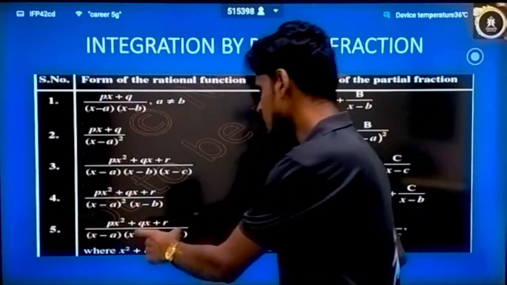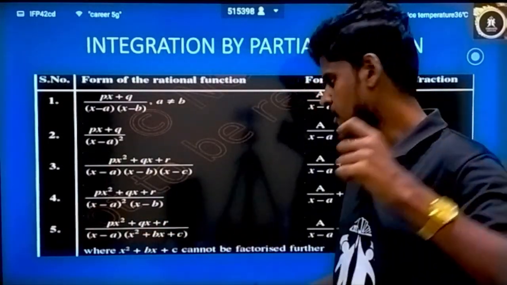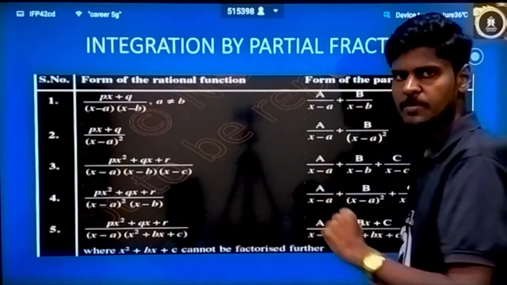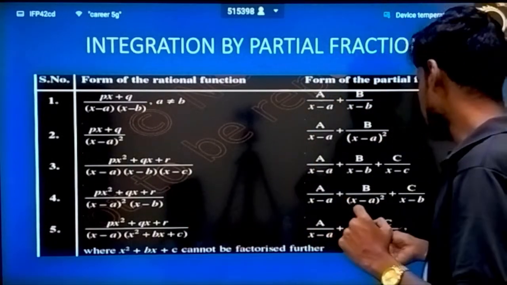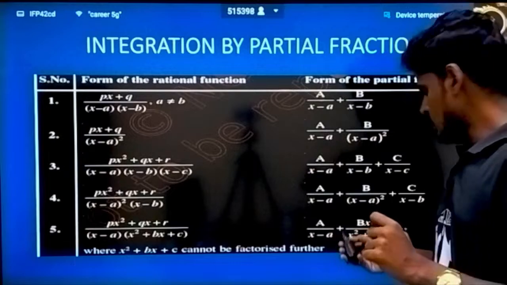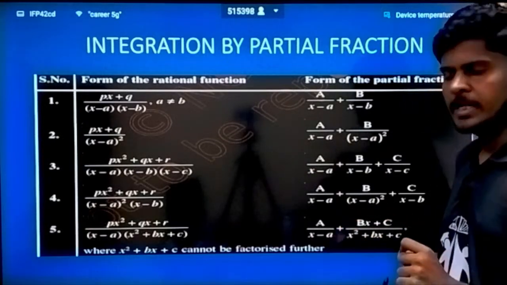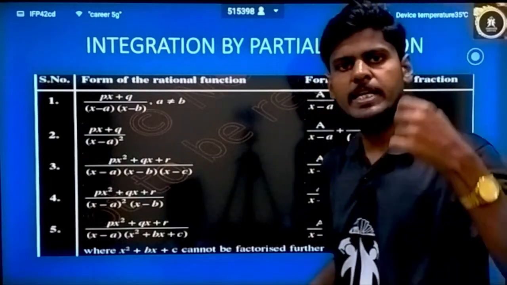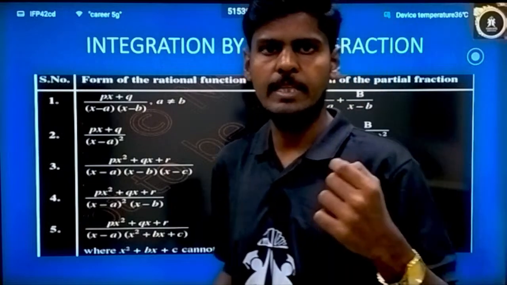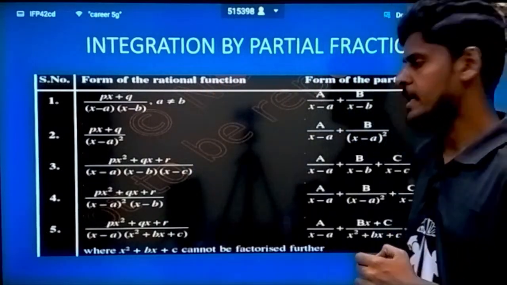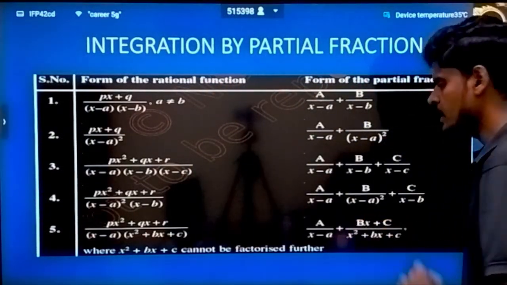That means when we split this term, it always has degree 2 in the denominator. Therefore, when you divide by some expression, obviously the remainder will have a lesser power than the power by which we are dividing. So that means this term will be linear.